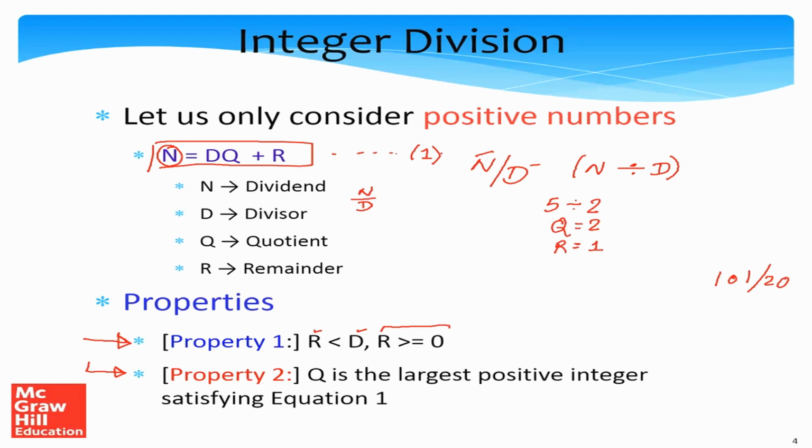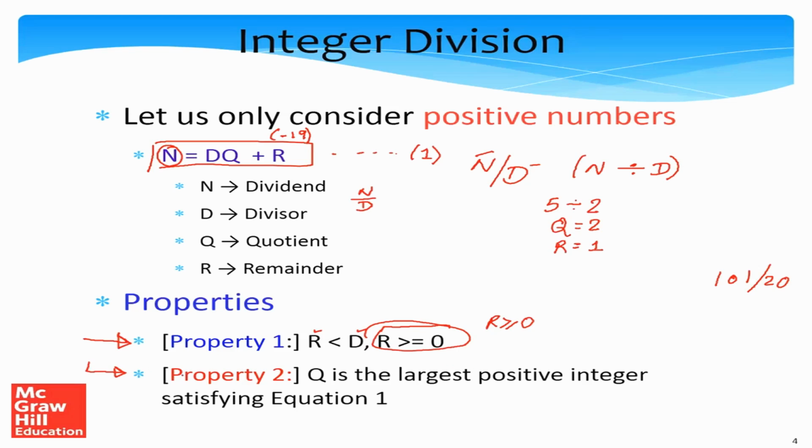If I'm dividing 101 by 20, 5 is the largest number that satisfies equation 1 and property 1. Why is this the case? Because 5 times 20 is 100 plus 1. 6 will not do, because if I have 6 times 20, then dq will become 120, so r has to be minus 19. But from property 1, r is always greater than or equal to 0. So it cannot be negative.